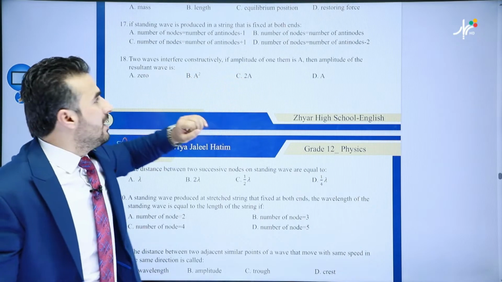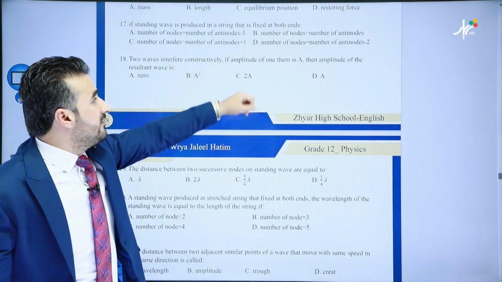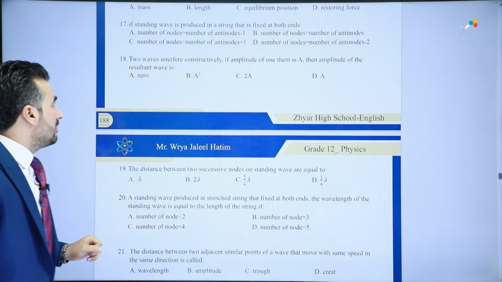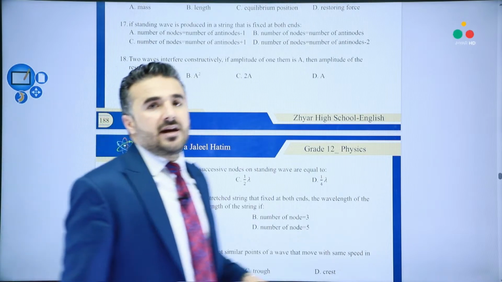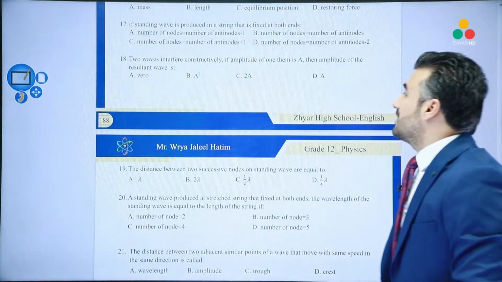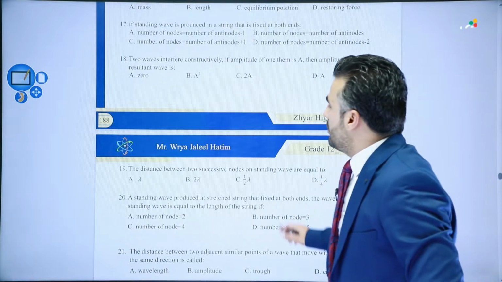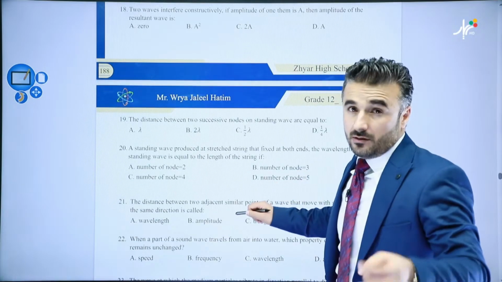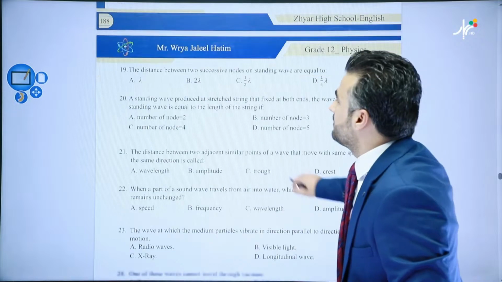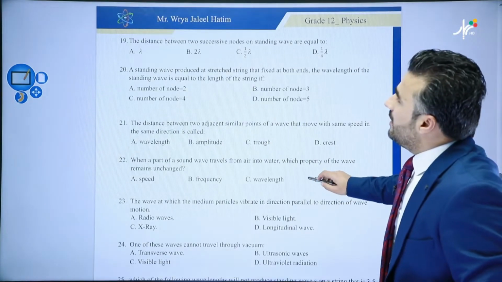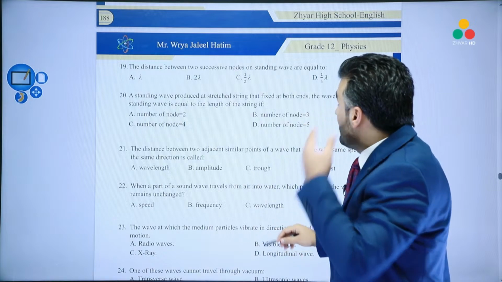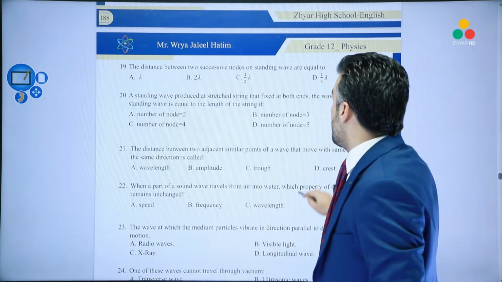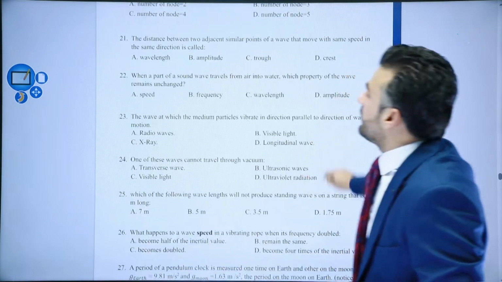It's going to be 2A, because once again, with constructive interference, assuming each one of the waves has an amplitude of A, the resultant is going to be 2A. Okay, the distance between two consecutive nodes on a standing wave is going to be half a wavelength. We mentioned this one before.